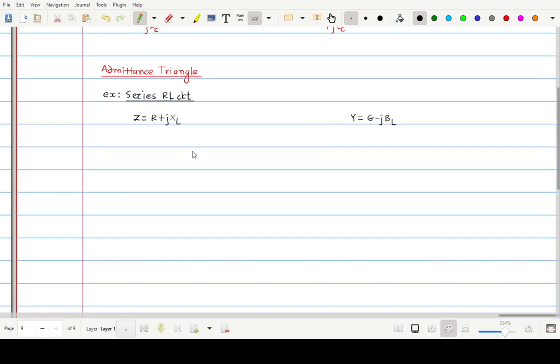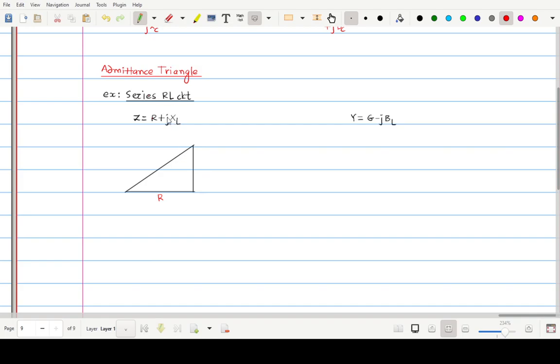Now we have to show graphical relation between them. So first draw the impedance triangle. So this type of triangle you will get. Here you are having two parts. Resistance indicates the real part, and real part is always taken on x-axis. So R will be on real axis.